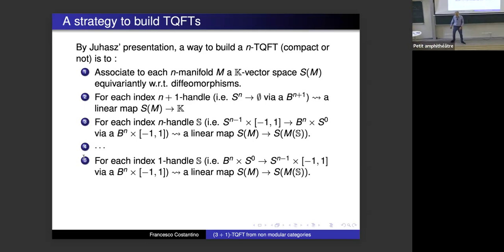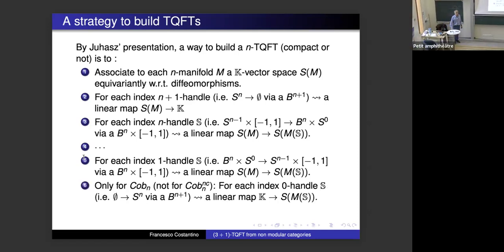You get to the one-handle, and then if you are interested in building a TQFT for Cob_n, you also have to manage the zero handles, which are the appearances of balls, the appearances of spheres bounded by balls. And so this would give a linear map from the field to the vector space of your manifold.